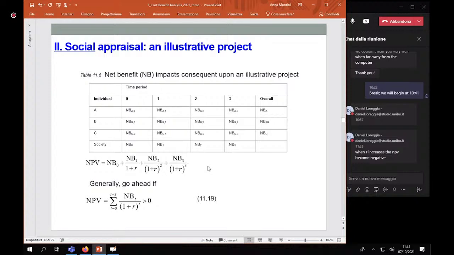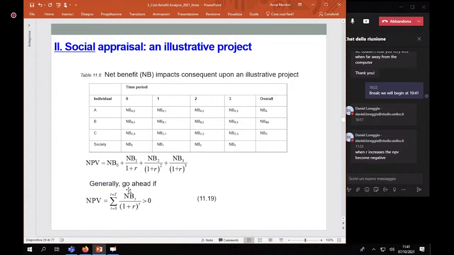And the sum of all these terms will give you the net present value. Okay? And generally, you want to go ahead with a project like this if the net present value will be above 0, will be positive.